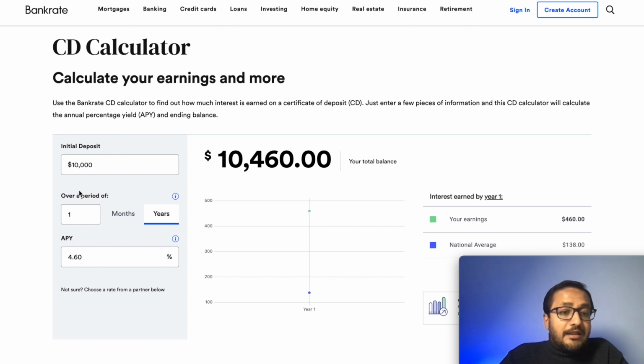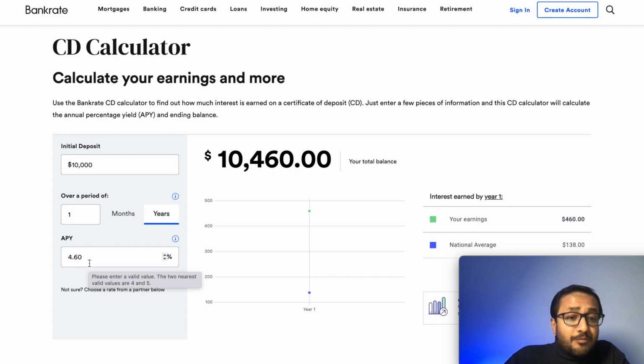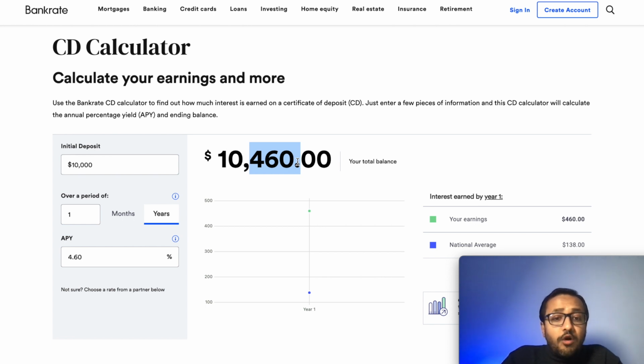If you take a look at this 1 year period, you are getting, as an example, 4.60% return on your investment, which means at the end of 1 year, you will be getting $460 in return, which means your total cash that you parked, $10,000, turns into $10,460, which is how you calculate.